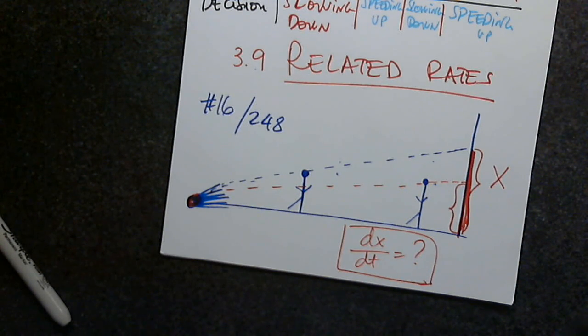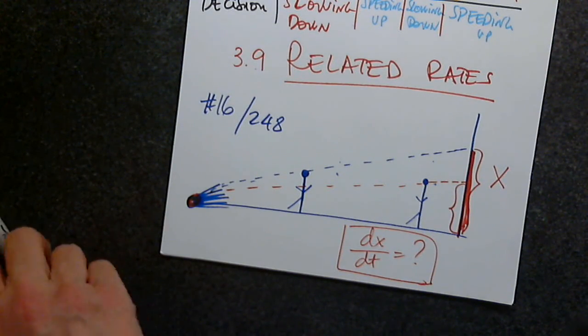I walk away from the flashlight, so the shadow is x tall. So when I'm 4 meters away, and continue to walk towards the wall, the shadow is still changing in length, so I want dx over dt.